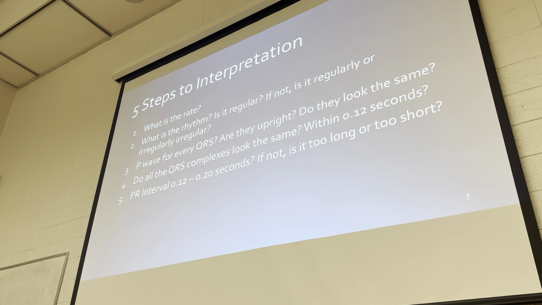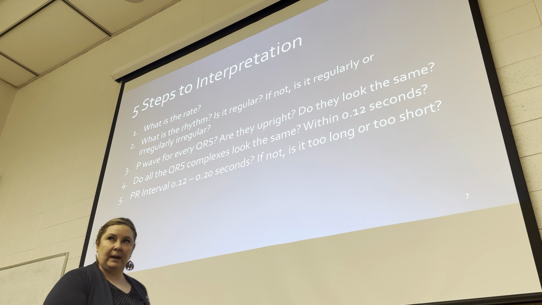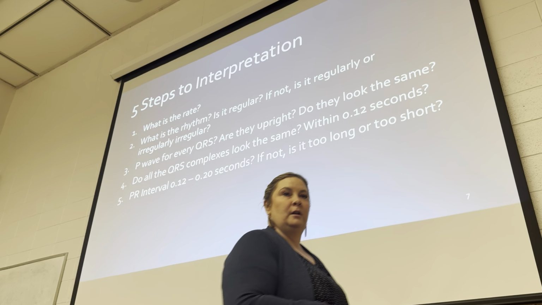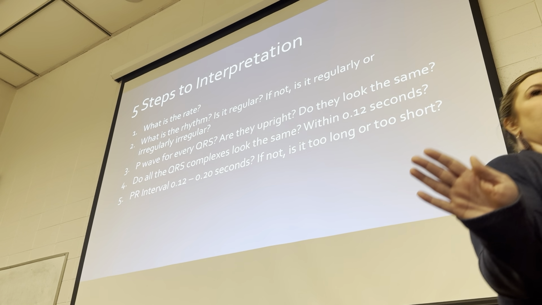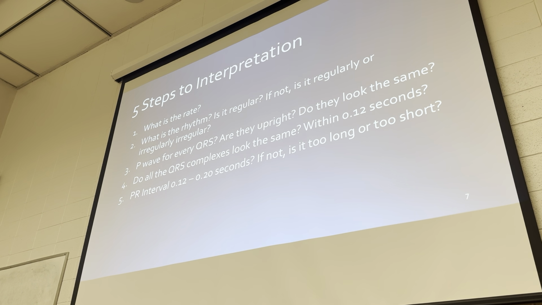Okay. So as we look at those ECGs, in order to make sure that we are evaluating what's going on, we need to look at what the rate is. What is that rhythm? Is it regular? If it is irregular, is it regularly irregular, meaning that it follows a pattern, or is it just doing whatever it would like and completely irregular?